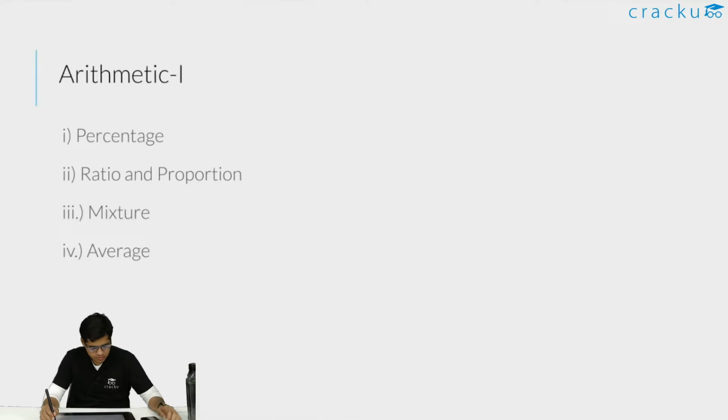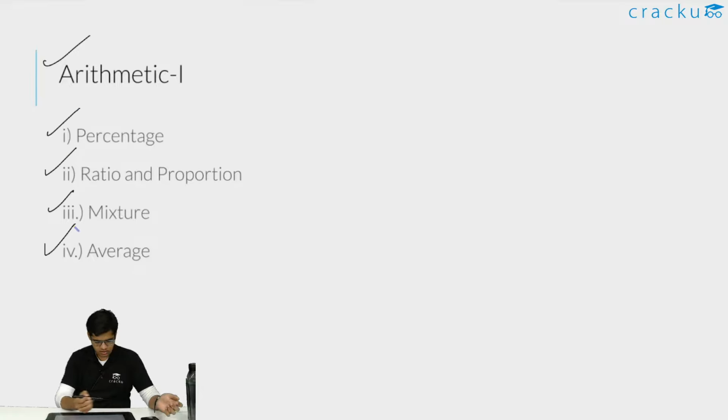Let's start. So basically today's lecture is about arithmetic, right? And arithmetic we will cover in two parts, part 1 and part 2. So part 1 is today, and in part 1 we'll study percentage, ratio and proportion, mixtures, average.